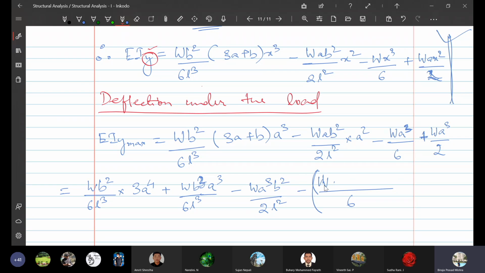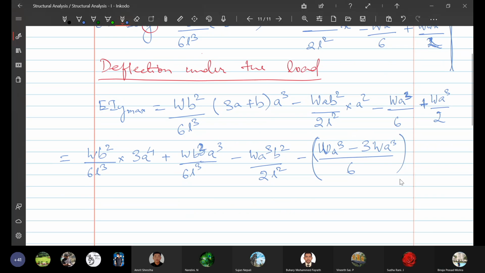So this is w a cube minus, it is 3. So here we need to multiply 3. If I multiply 3, this is 3 w a cube. Am I correct? So this 3 cancels out.